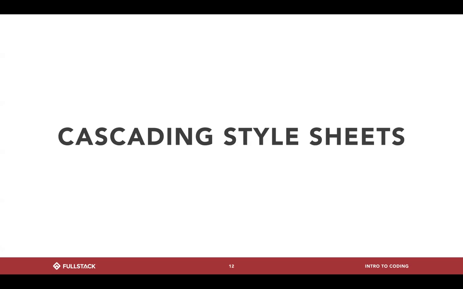And just so you guys know, the rule is that whichever CSS rules are applied later, the latest they're applied, they'll overwrite older rules. So if I have style sheet 1, style sheet 2, style sheet 3, style sheet 3 will overwrite the other two if there are matching or conflicting rules.